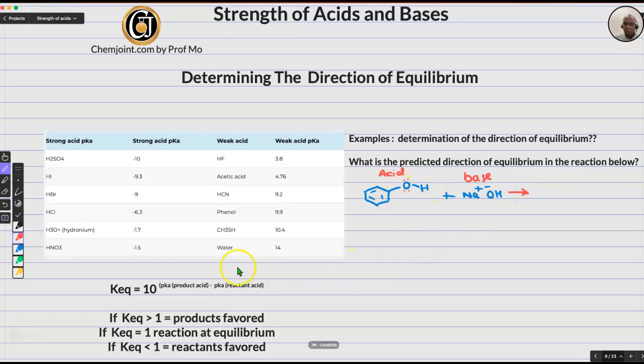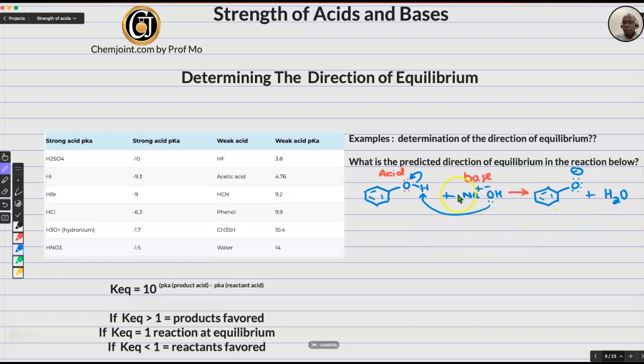We want to know if this reaction will go forward, if it will be at equilibrium, or if it will be going reverse. So let's use this as a base. We take out that hydrogen, push the electrons on the oxygen, so OH- and H gives you water.